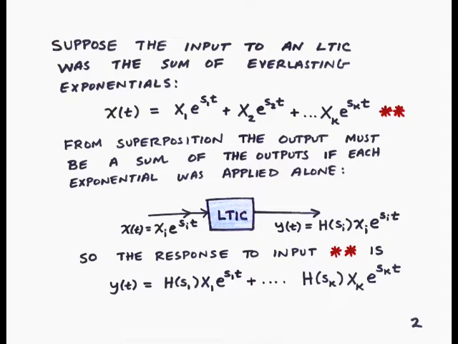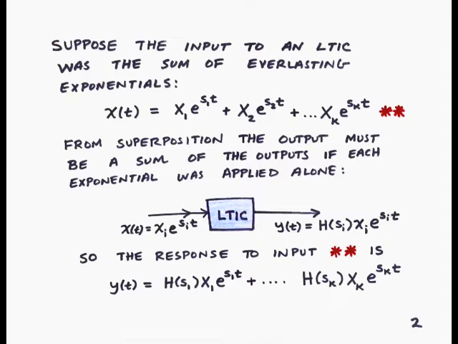That holds for the ith exponential, and it will hold for all the exponentials in the summation. Therefore, by superposition, we know the response to the input double star above is y of t is h of s1 x1 e to the s1t plus all the way through to the last exponential h of sk xk e to the skt.